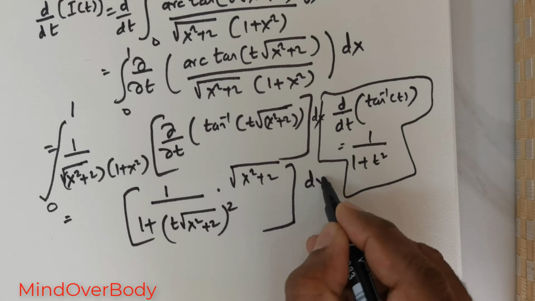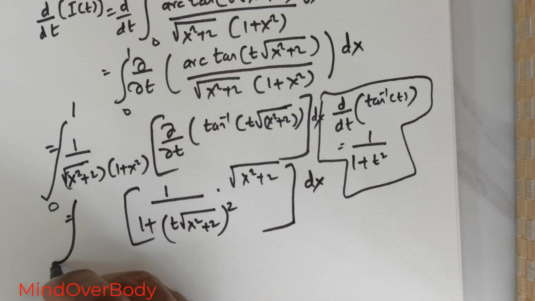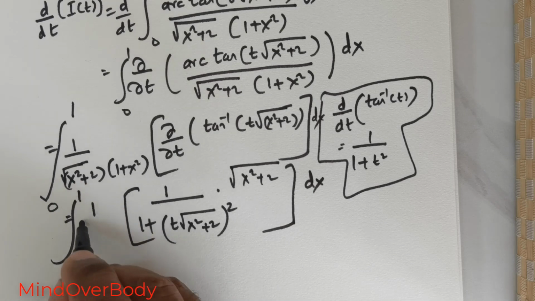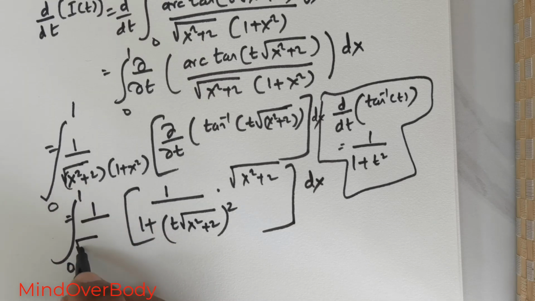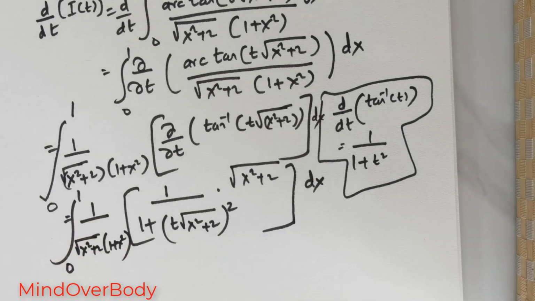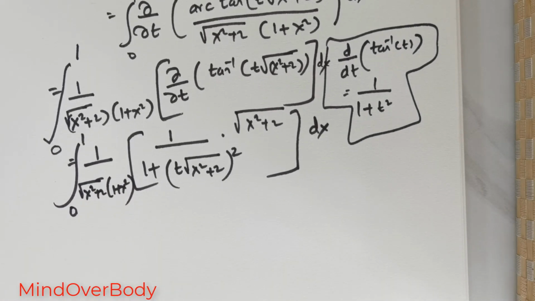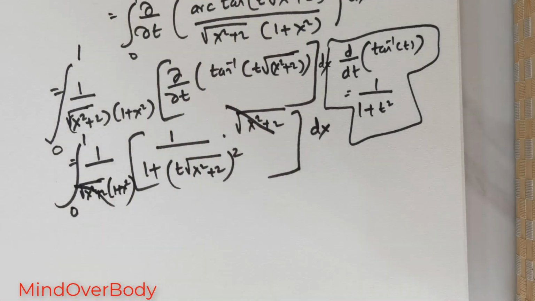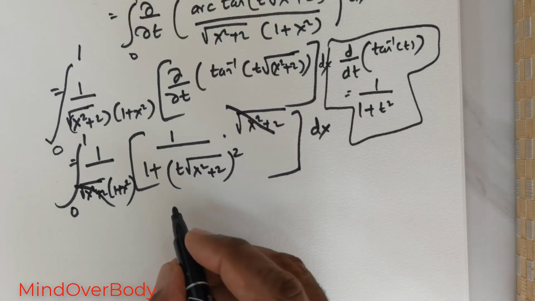And let me place this dx and the integral sign with the limits, followed by root of x squared plus 2 times 1 plus x squared. Now clearly you can see here root of x squared plus 2 and root of x squared plus 2 can be cancelled, right? And what are you left with?